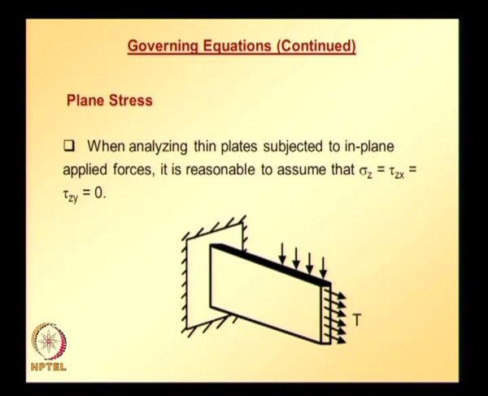So, a schematic is shown here in which a thin plate is subjected to in plane applied forces. Under these circumstances, we can assume out of plane stress components are 0, and that is what plane stress is. So, out of plane stress components are 0 and the non-zero stress components are in plane stress components, that is why it is called plane stress condition.